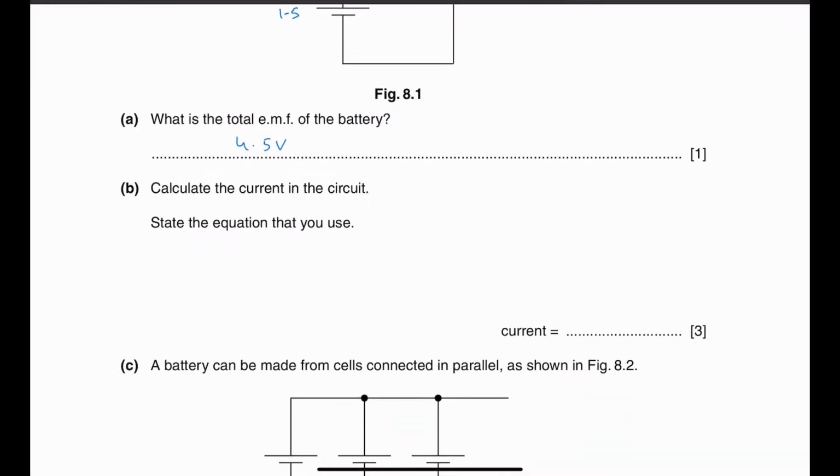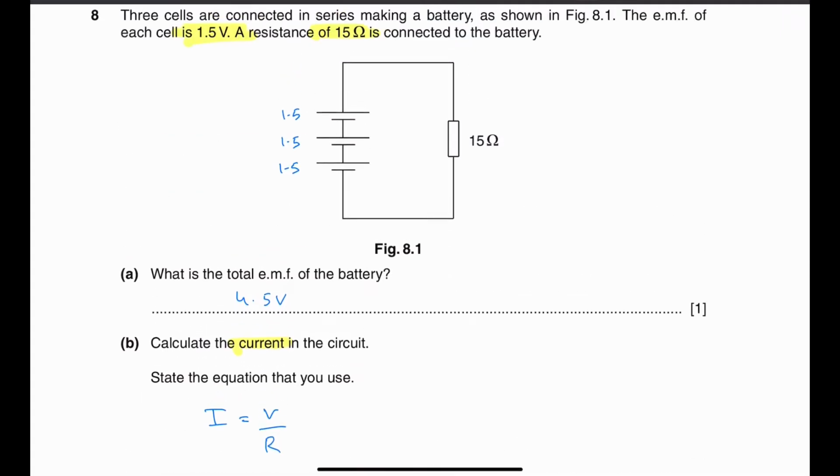What is the second question? Calculate the current in the circuit. So now we have to calculate the current, and if you remember, the simple equation that we use for this particular task is I equals V over R. So what is the potential difference across this resistor?